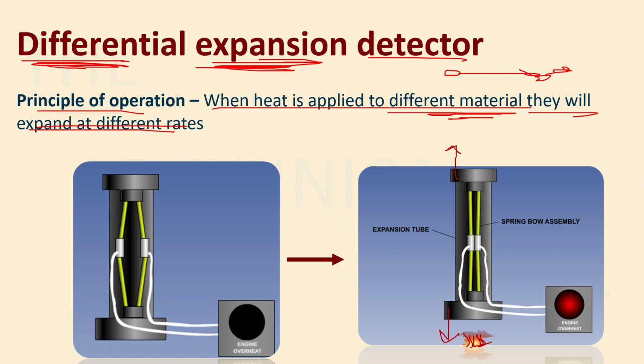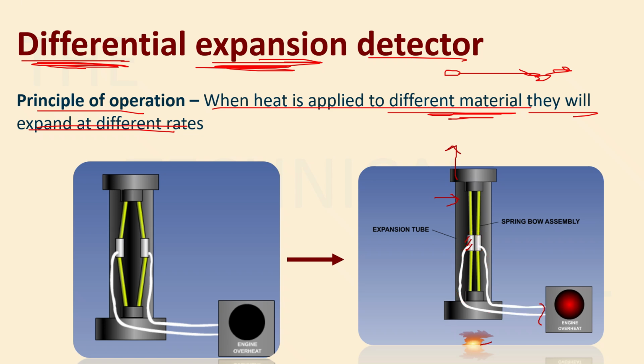This has caused the inside metal, because it was made of a different material, to not expand that much, and this caused these contacts to be made. These two silver colored conducting materials come in contact, the circuit gets completed, and hence there is a warning in the cockpit. So the pilots can now know that some heat source has caused this to expand, triggering a warning. This is how your differential expansion detectors work.